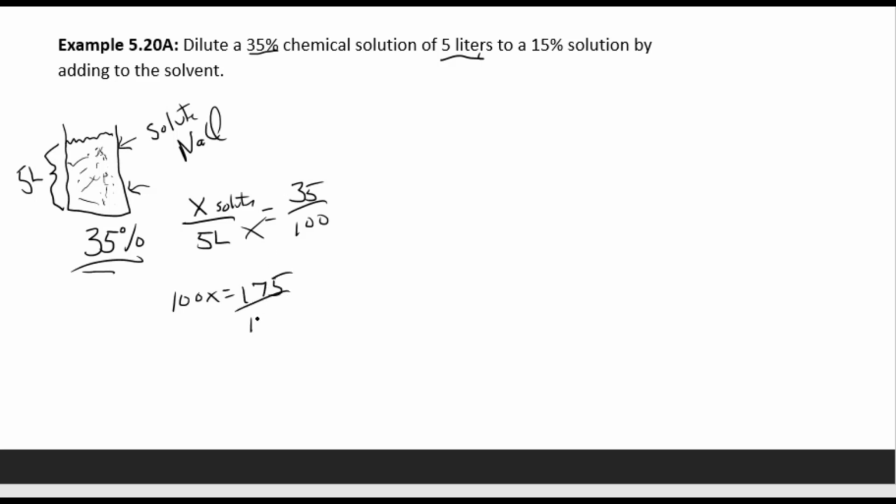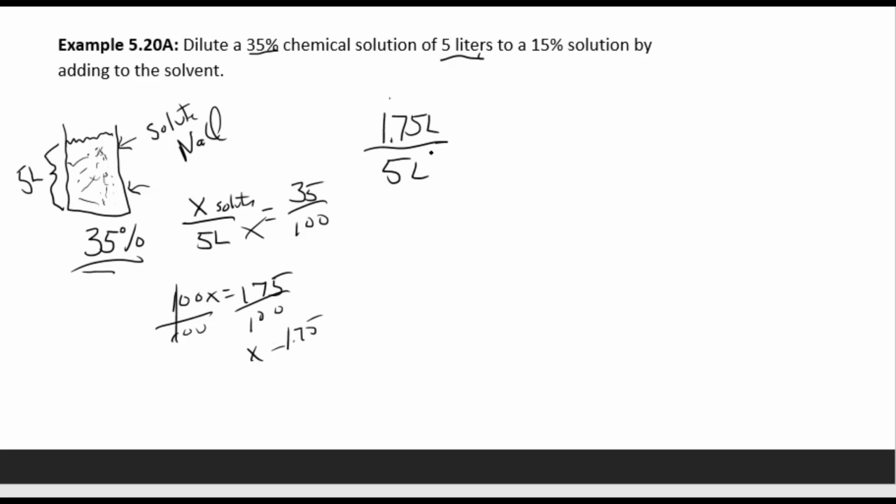Divide by 100. Divide by 100. And X is 1.75. So the solute, or the salt, is 1.75 liters for every 5 liters of the solution.